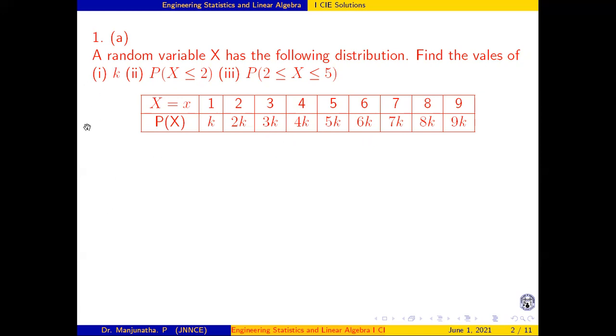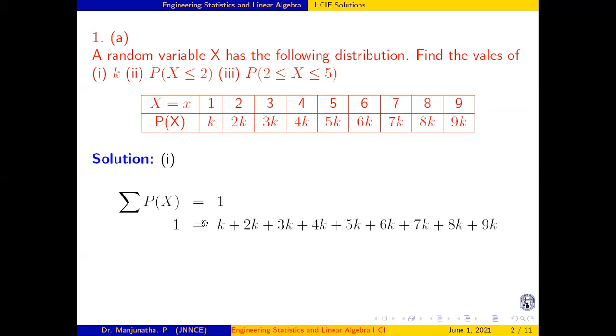So first we will go for the first one: find the value of k. k is found from the sum of the probabilities. Whatever the probabilities are for each random variable 1, 2, 3, up to 9, the summation of these probabilities must equal 1. So the sum of p(x) is equal to 1.